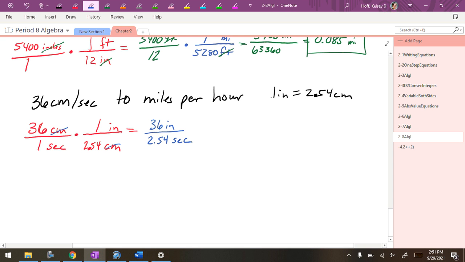Let's stick with inches. What are you going to convert inches to? Feet. Inches needs to go in the bottom. What's your connection between inches and feet? 12 inches in 1 foot. Inches cancel inches. Multiply across.